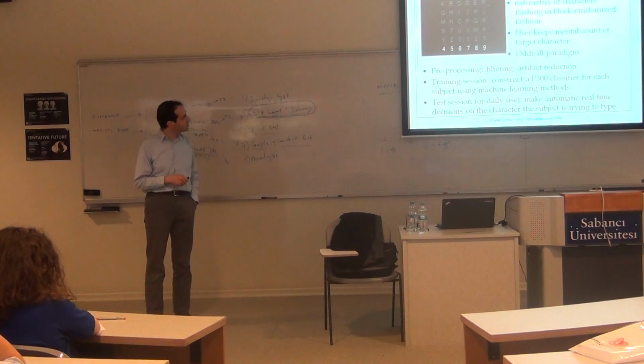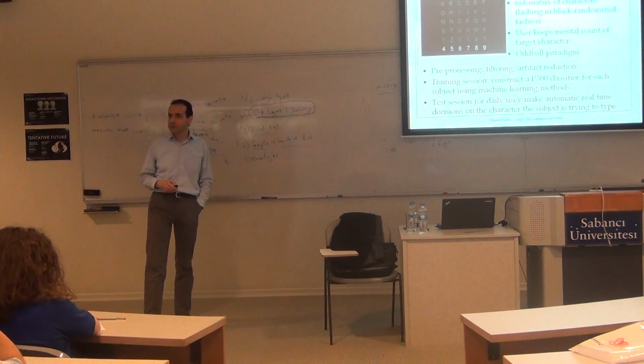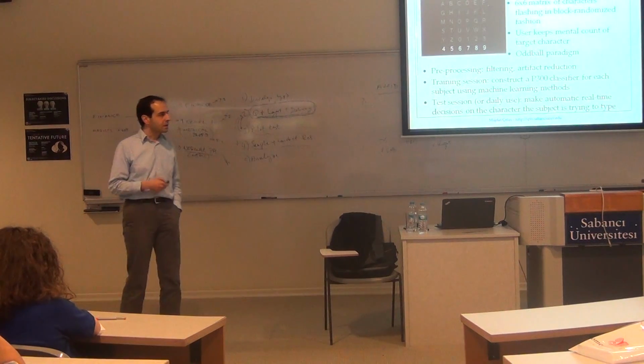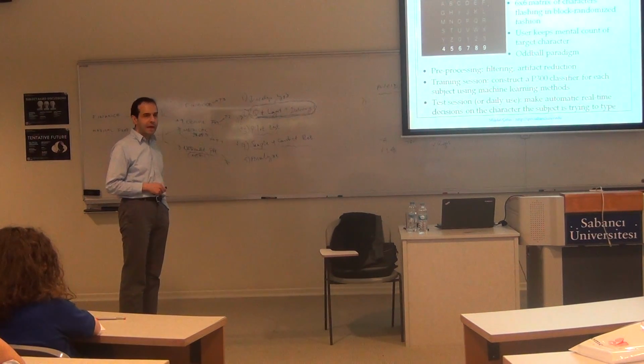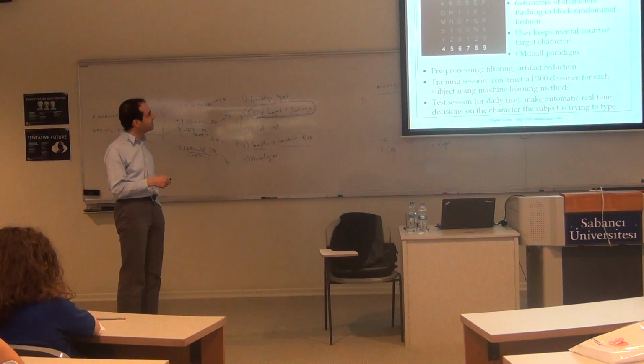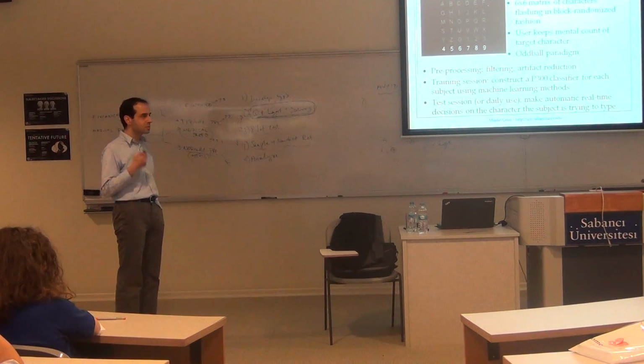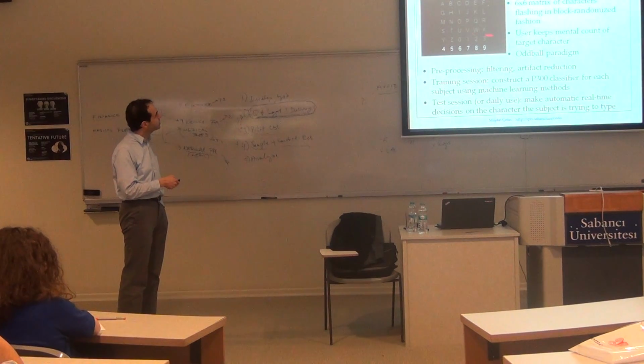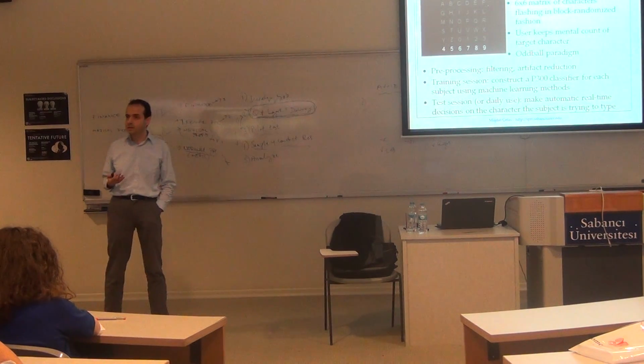What you see here is this matrix, and the columns and rows will flash in random order. Let's say the person is trying to type A. You ask the person to concentrate on A and count the number of times the row in which A is, or the column in which A is, flashes. So when this row flashes, the person says 1, 2, 3, etc. When any of the other rows flash, the person is just sitting there, not interested.